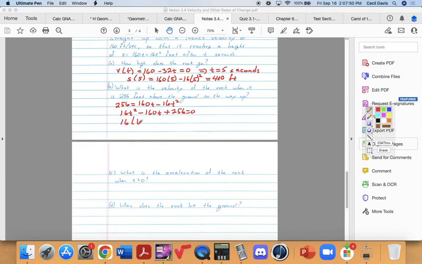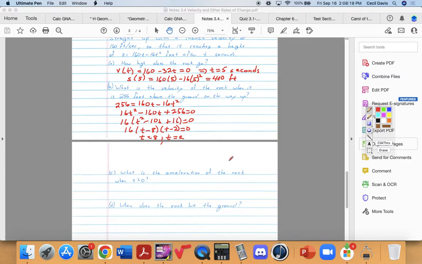Factor out the 16 first. If you don't do that, good luck factoring this. So it's 16 times t minus 8 times t minus 2 is 0. So t is equal to 8 and t is equal to 2 are our two solutions.